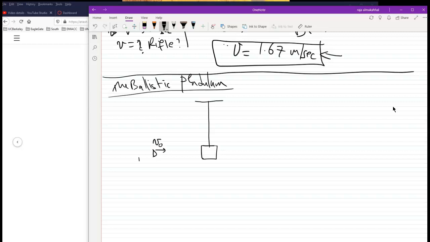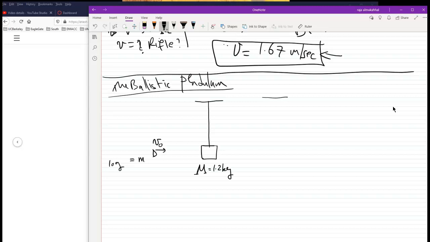I know the mass of the bullet. That's no biggie. It's 10 grams. I can measure the mass of the bullet before I shoot it, right? I also know the mass of the block, which I'll call big M, equal to 1.2 kilograms. Now I pull the trigger and shoot the bullet. Here is what's going to happen.